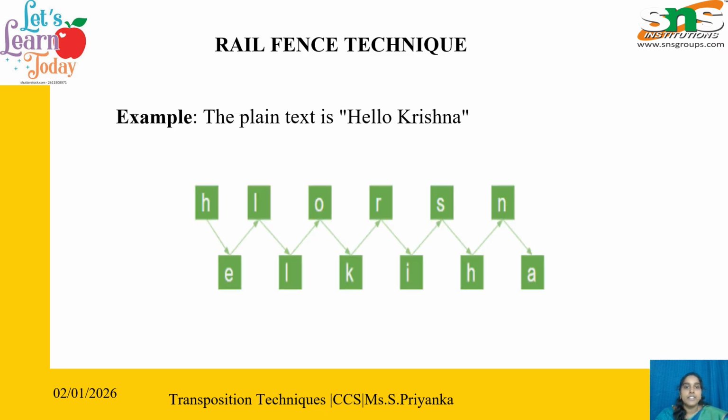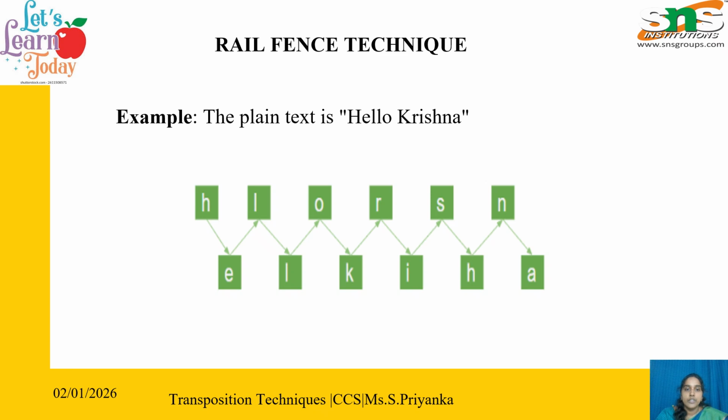First of all, the rail fence technique. The rail fence technique is a type of transposition cipher in which the depth will be given, depth in the sense of how many rows it must have. Here the given plain text is written in a zigzag order, that is H first in the first row, the second row E will be written, then L, L, O, and so on.